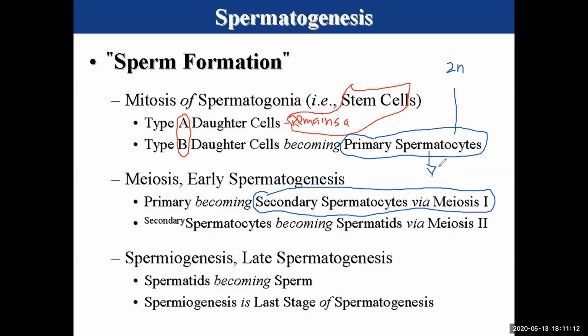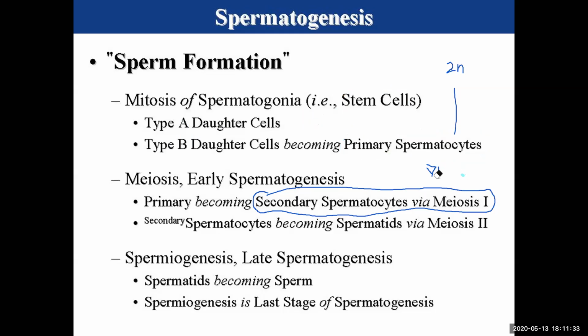And this is done through, I'm going to write meiosis here, or meiosis M1. So meiosis 1. And when we talk about meiosis, it's a different type of cell division than mitosis, because meiosis is a reductive cell division.